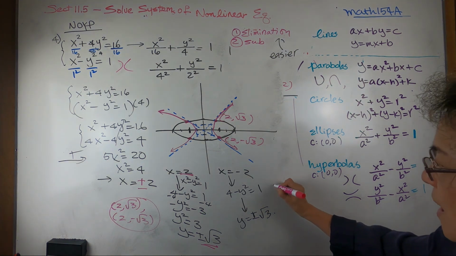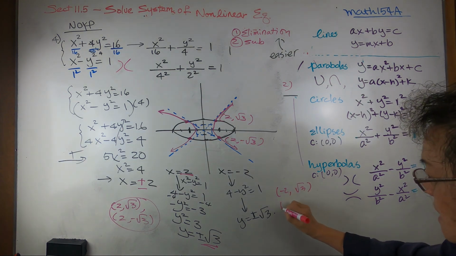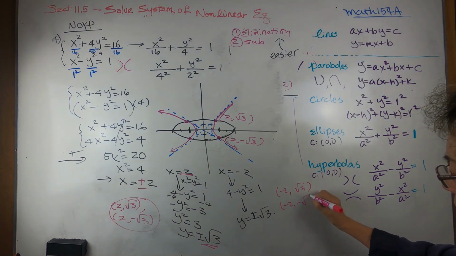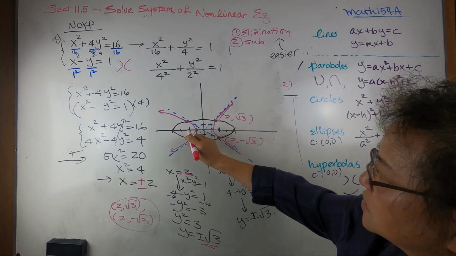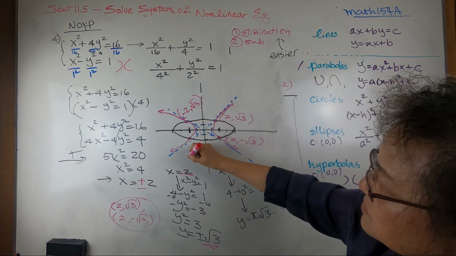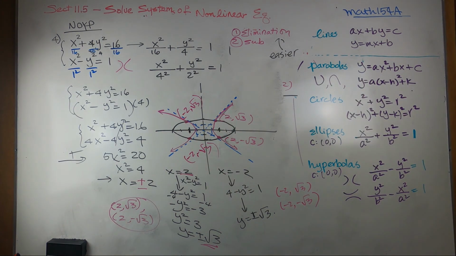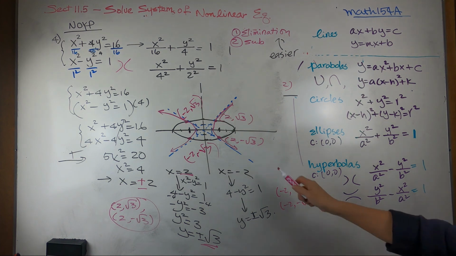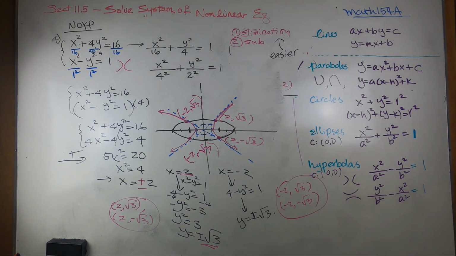So that will be one is negative 2 and square root of 3. Another one is negative 2, negative square root of 3. Where are they? One's here. X is negative 2. So this one negative 2, square root of 3. This one is negative 2, negative square root of 3. Right? So you solve, you know you have 4 answers. So you can see exactly the numbers.